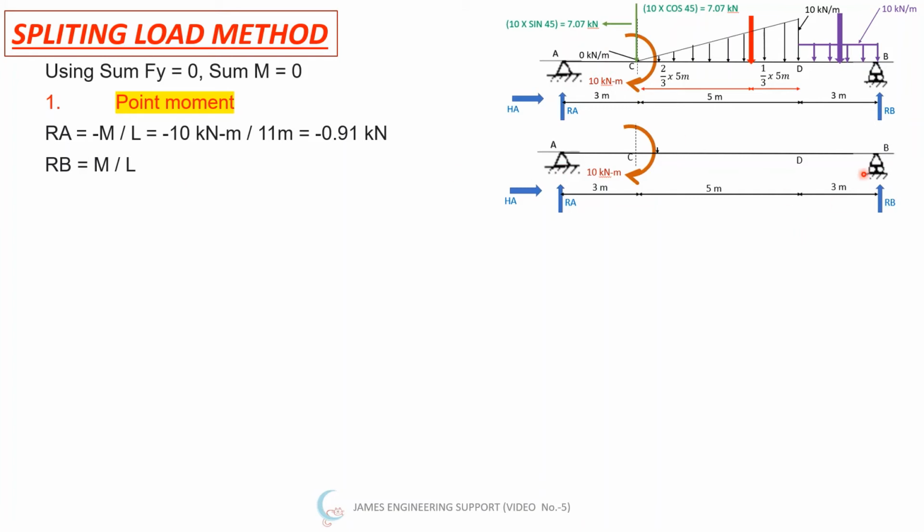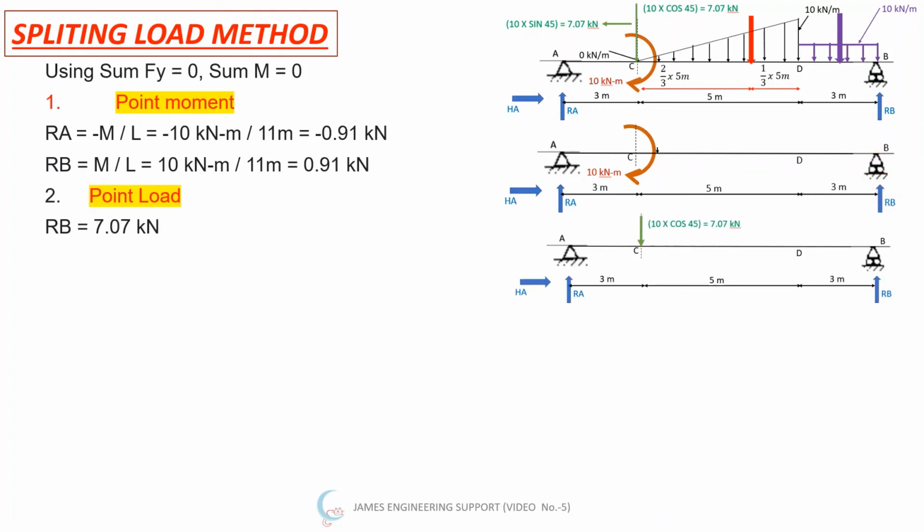It will produce positive RB. So 10 kilonewton meter divided by 11 will produce 0.91 kilonewton of positive reaction at B.